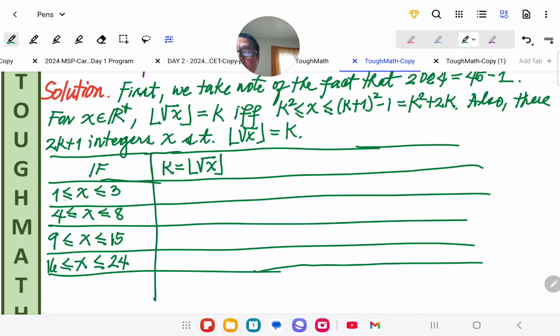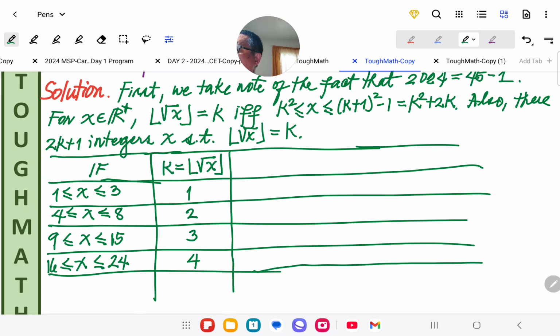And for all these numbers between 1 and 3, first row, first column, the value of k is 1. In the second row, the value of k is 2. In the next row, you have 3. In the next, you have 4.